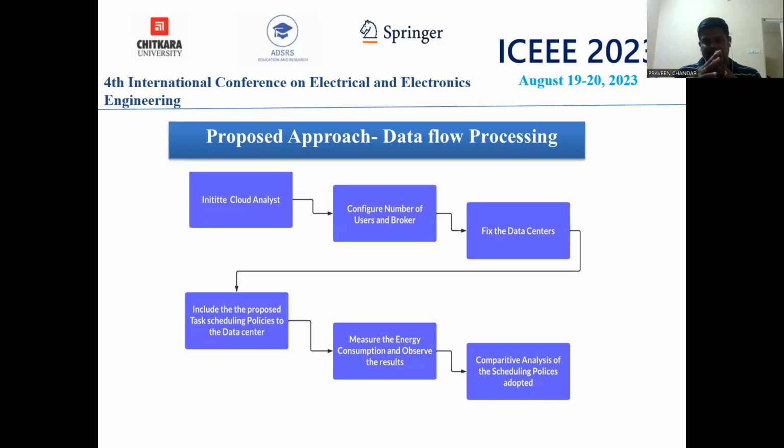First we configure Cloud Analyst: during the configuration, we give the number of users and number of brokers, then we fix the data centers. After that, we include the proposed task scheduling policies. Here we have taken three different task scheduling policies and executed them one by one, measuring the energy consumption and observing the results.